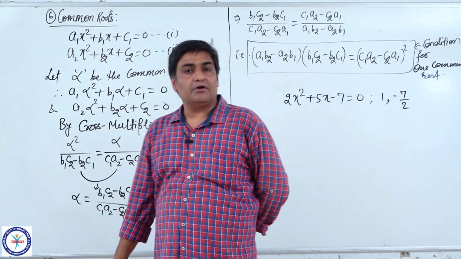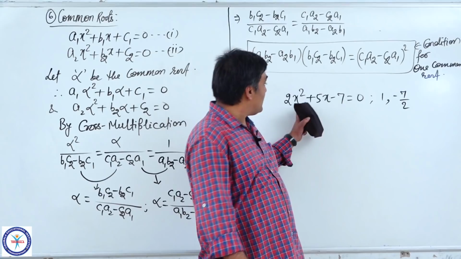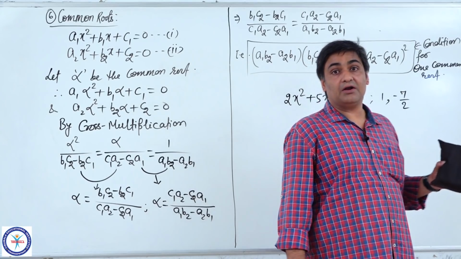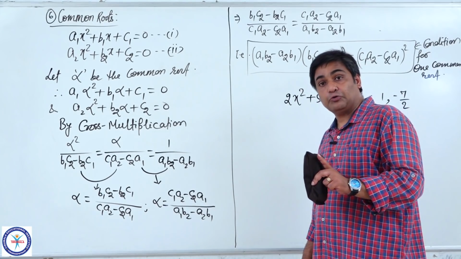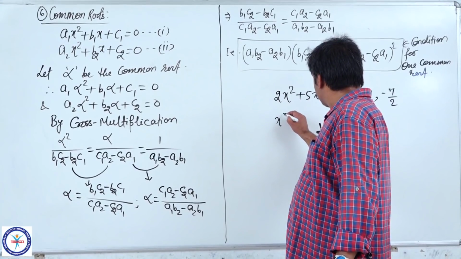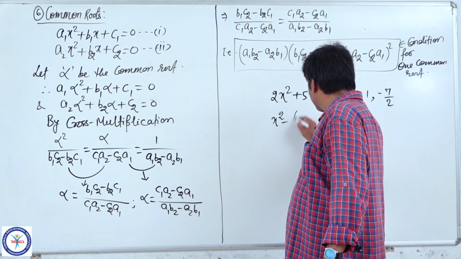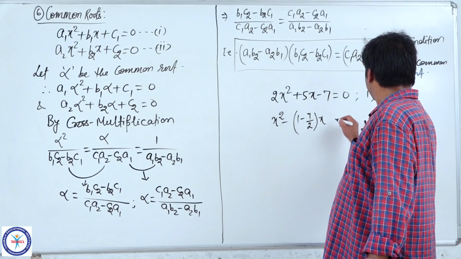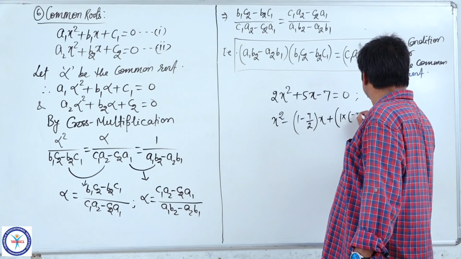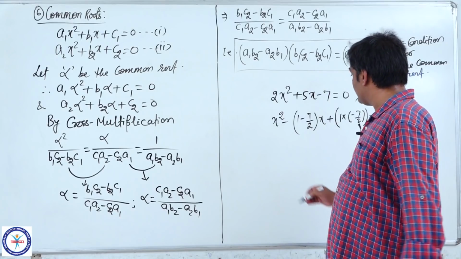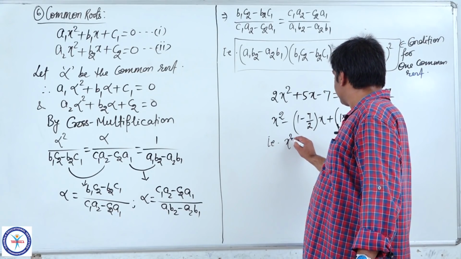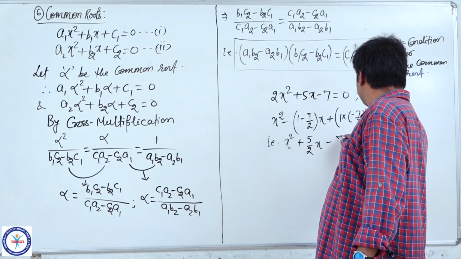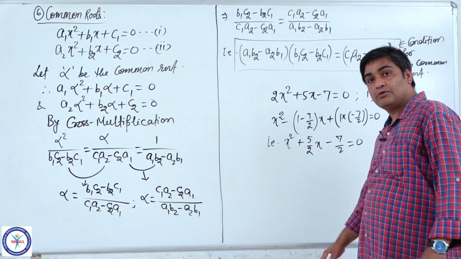Now think of a quadratic equation other than this, which also has the roots 1 and minus 7 by 2. For writing that quadratic equation, x square minus sum of roots x plus product of roots equal to 0. That is x square plus 5 by 2x minus 7 by 2 equal to 0.